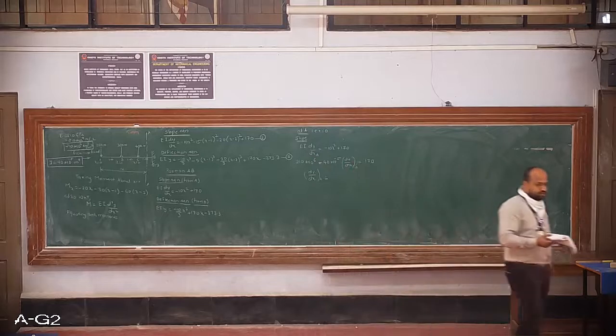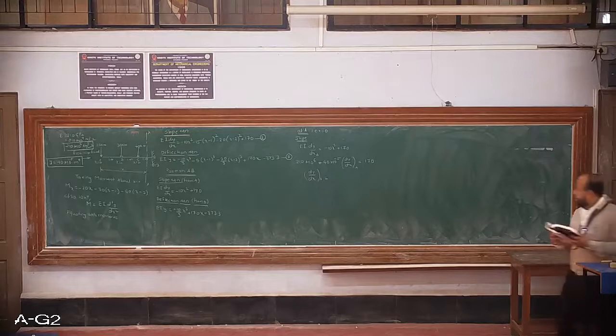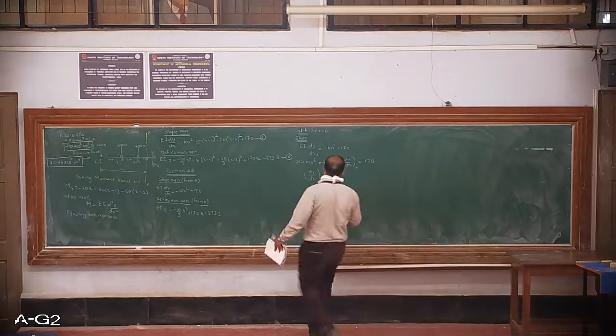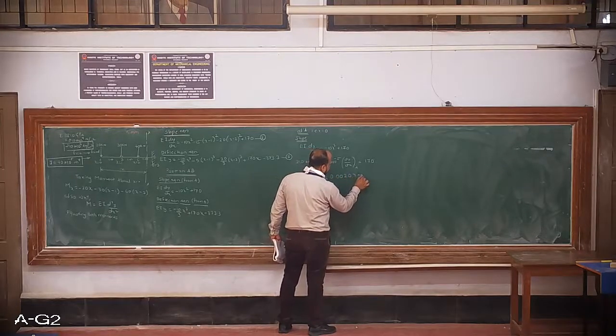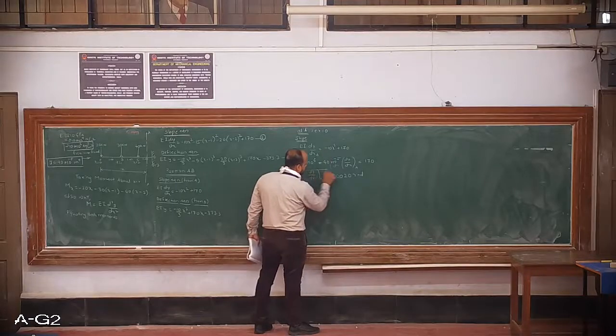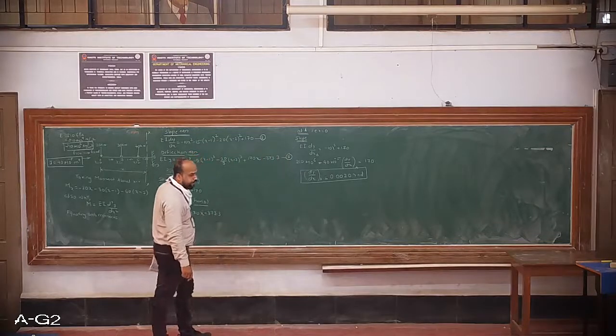I have not brought the calculator, I'll just check in mobile. It is 0.0020 radians. This is the slope at A.